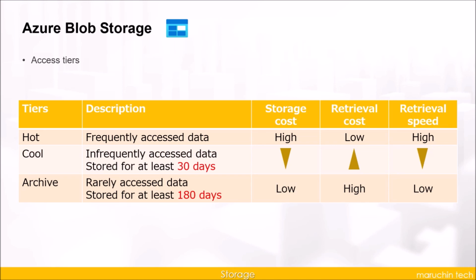For example, data that has not been accessed for 30 days can be automatically migrated from the hot tier to the cool tier. As a point of reference, S3 of AWS and Cloud Storage of Google Cloud can be configured for lifecycle management as well. AWS has a more fine-grained access tier than Azure.